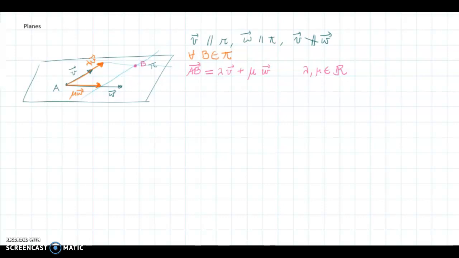So this means that we can actually use this idea to find all the points that we want on our plane pi.